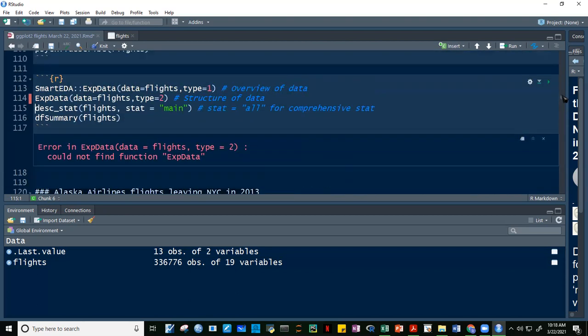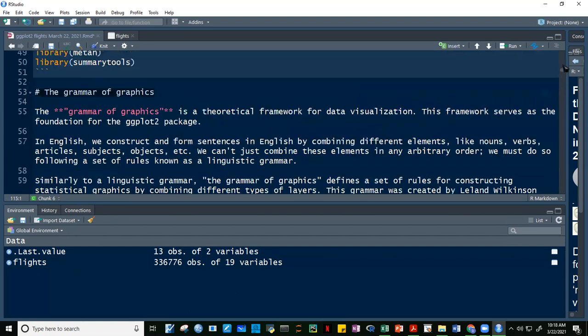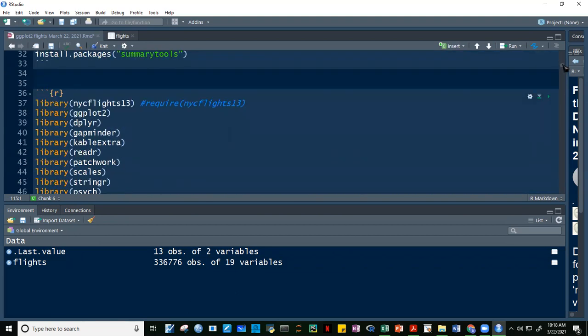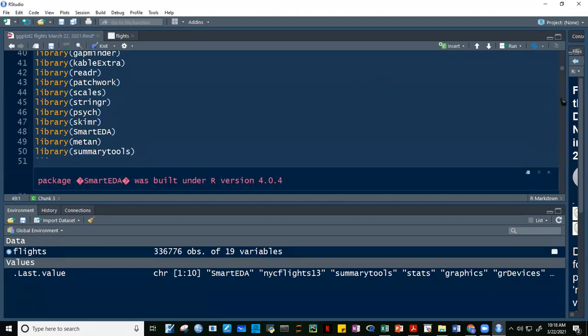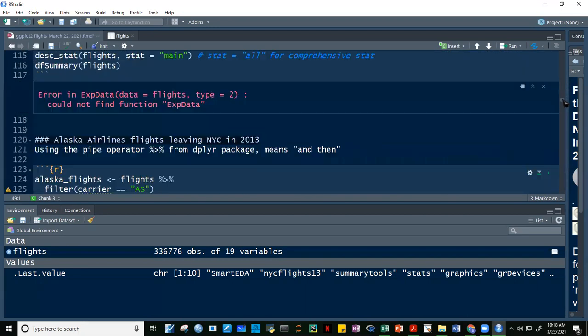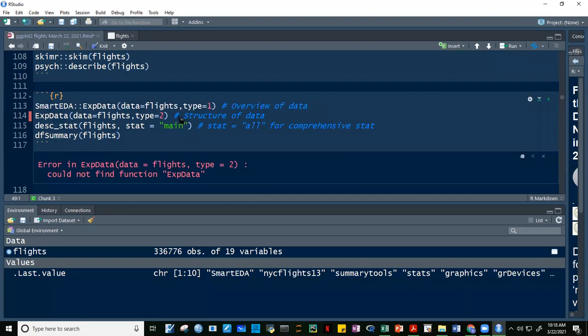Okay, saan ako nagkamali dito? Pinasok ba natin yung SmartEDA data, guys? Hindi yata naran to. Okay, so let me run this now.